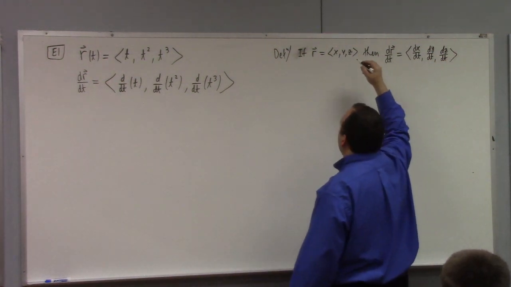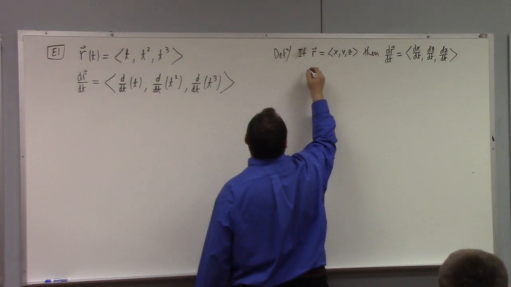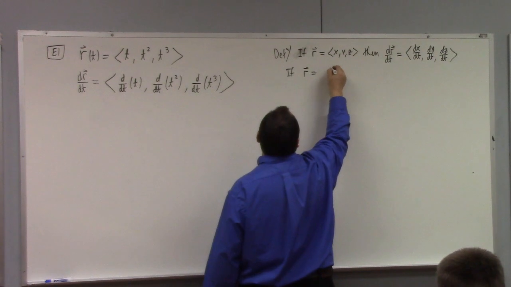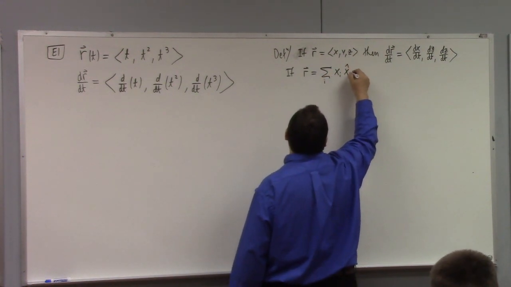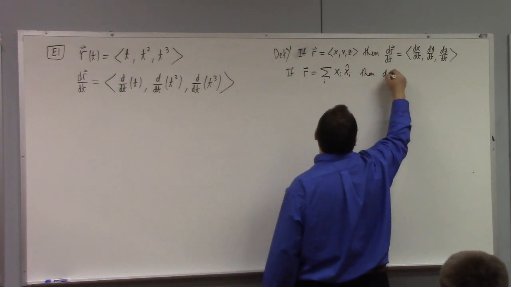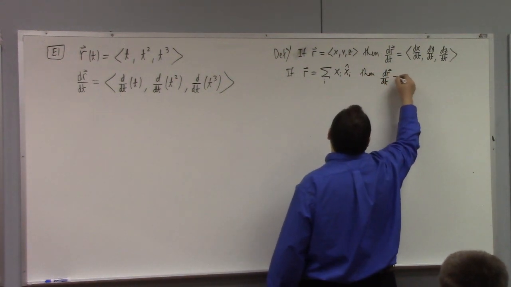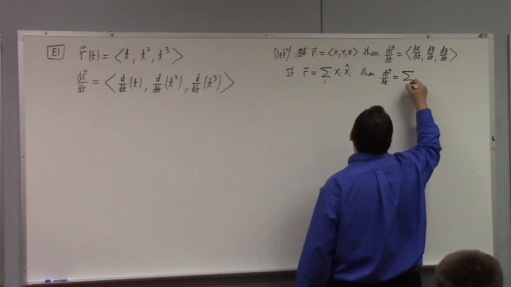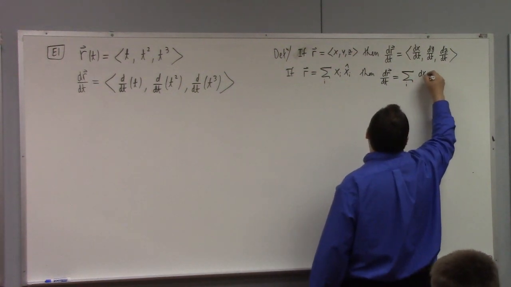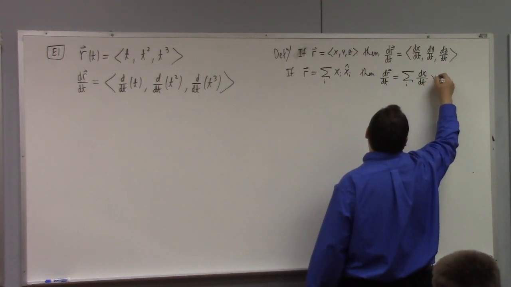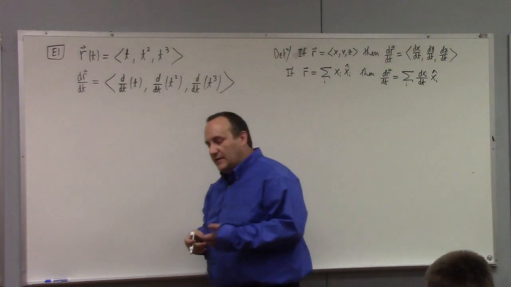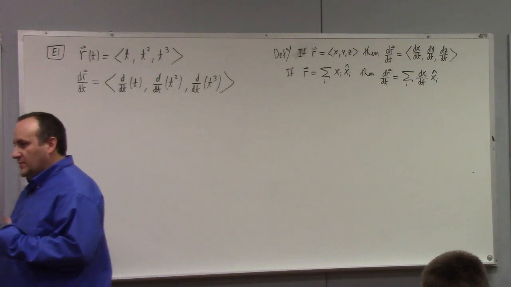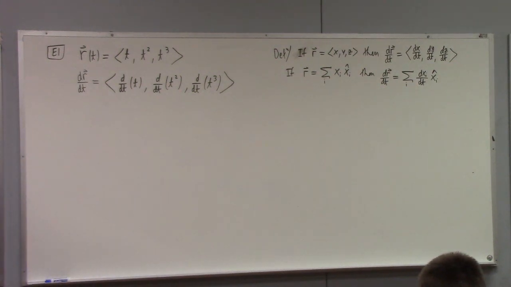All right, or if you want me to be more annoying, if r is equal to a sum over i of x_i x hat i, then dr dt equals the sum over i of dx_i dt x hat i. This is all just a fancy way of saying to differentiate a space curve, you simply differentiate the component functions.